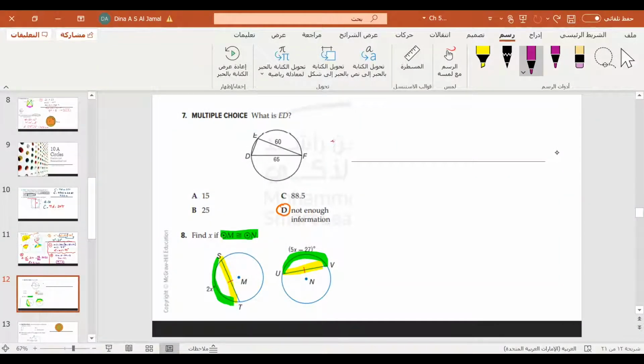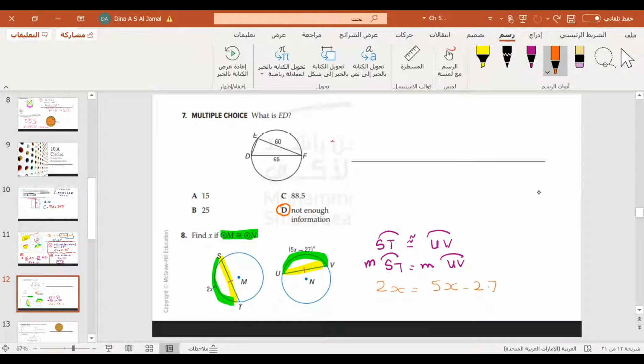That means whenever I'm saying that arc ST is congruent to arc UV, that means your measurement of arc ST will be equal to the measurement of arc UV. That means all you need to do is just make them equal. So what's your ST? 2x, and the other is 5x minus 27.